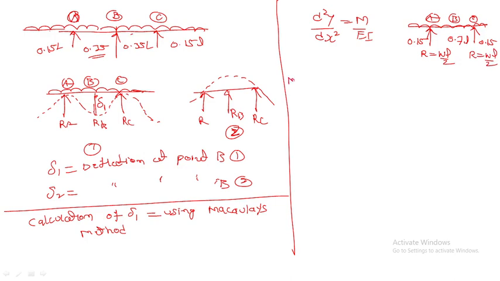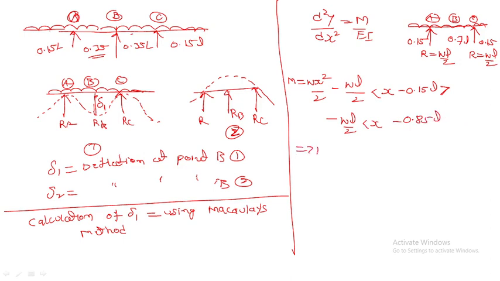Now M equals Wx²/2 minus WL/2 ⟨x − 0.15L⟩, and minus WL/2 ⟨x − 0.85L⟩, right?